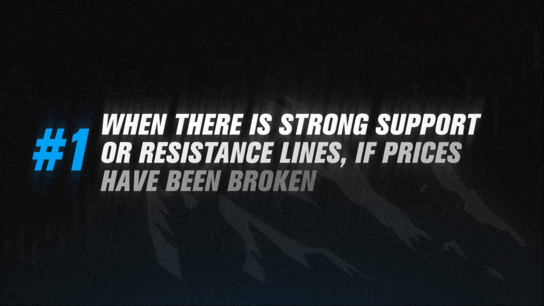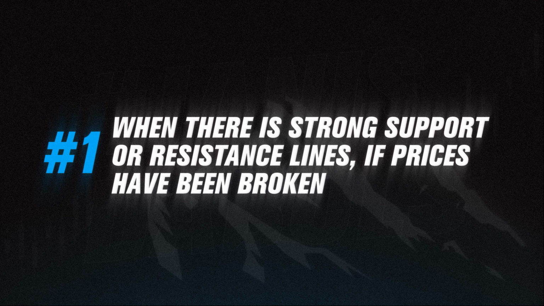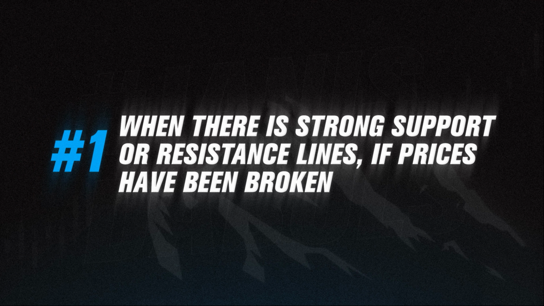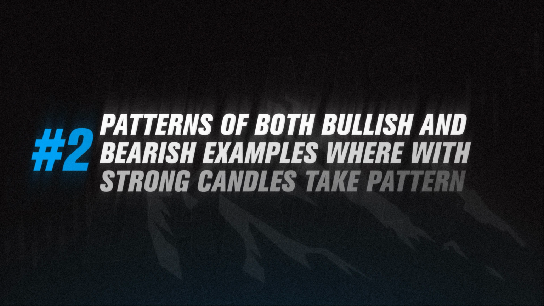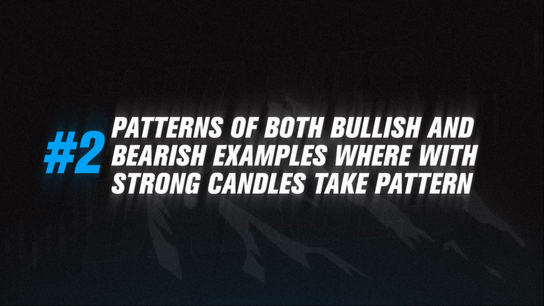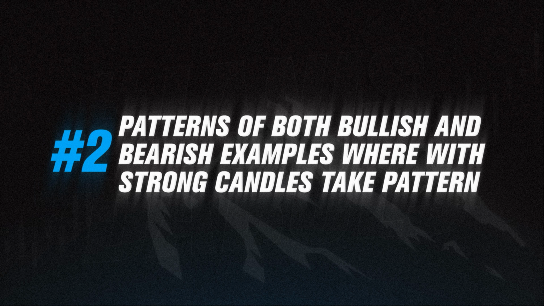Firstly, obviously when there are strong support or resistance lines, if prices have broken them, that's one criterion, and if it's hit with a strong price pattern, that's even better. Secondly, the patterns in both bullish and bearish examples were with strong candlestick patterns, so they were either strongly bearish or strongly bullish. You could simply see it.